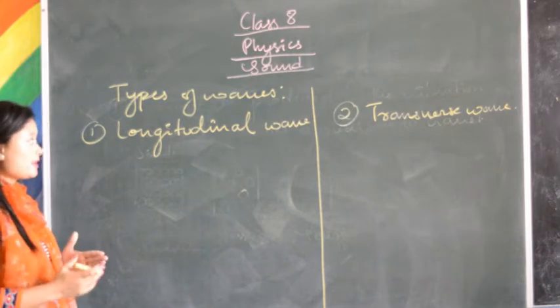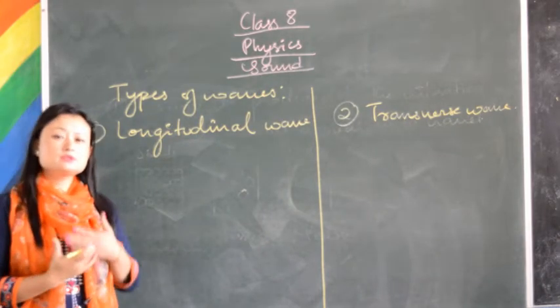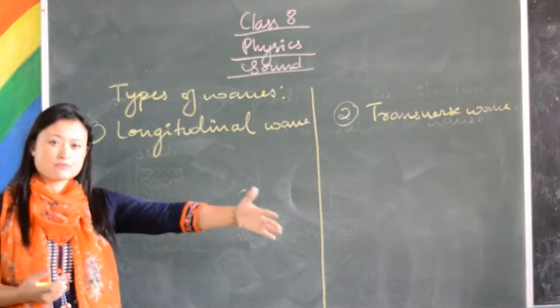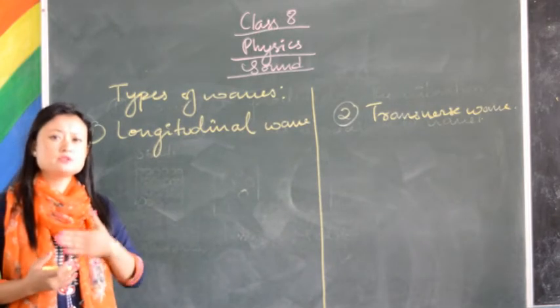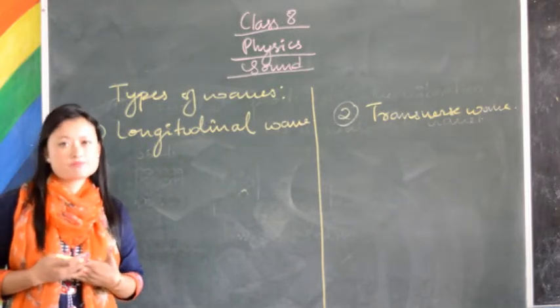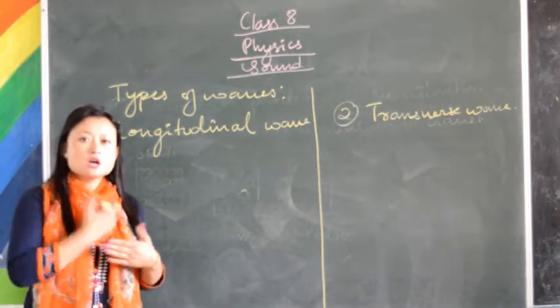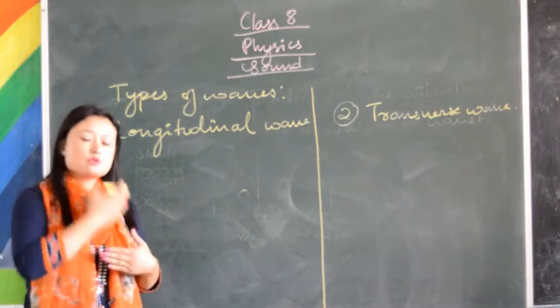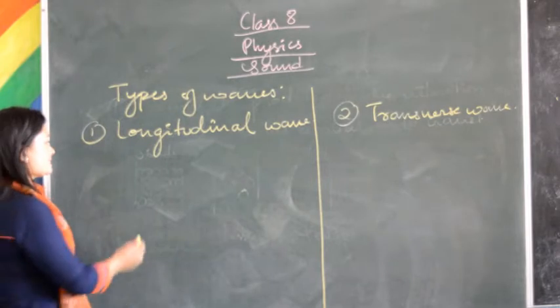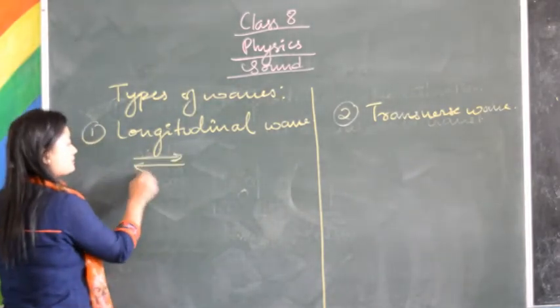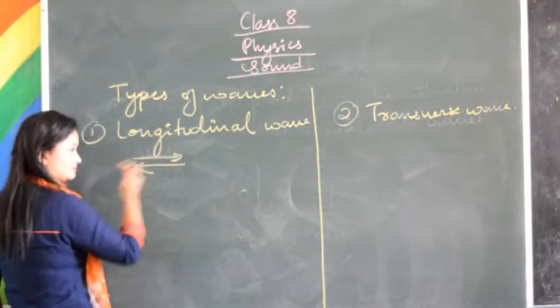Now, what does longitudinal wave mean? It means when the particles travel to and fro, like a swing. You know how a swing moves, right? You go forward, you come backward. The same way, in a longitudinal wave, the particles move to and fro. They go forward, they come back.